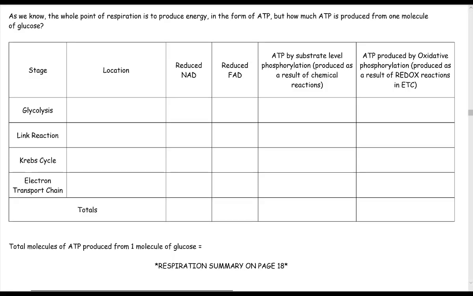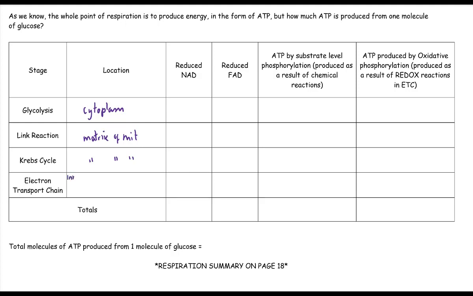Now, you could probably use this table to help you out. So let's see if we can work it out. So, location of each process. Cytoplasm, matrix of mitochondria, and then the final one, electron transport chain.